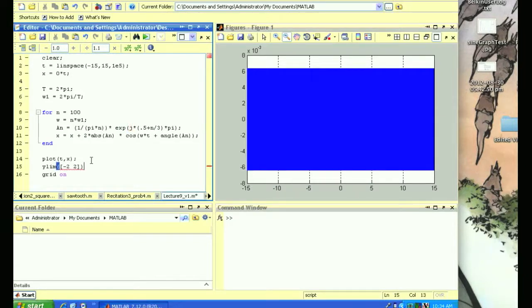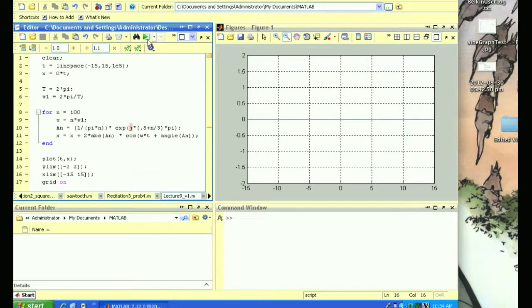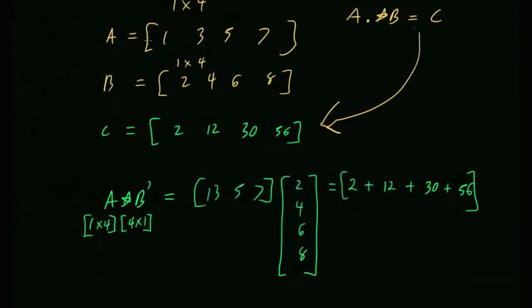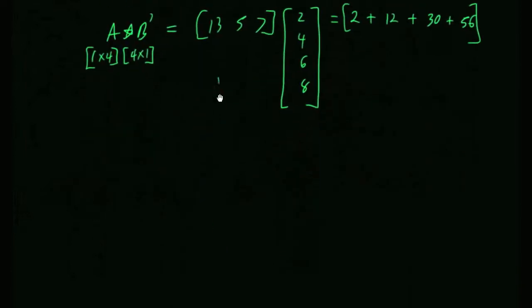What's the slope right here at this rising edge? Yeah, infinity, right? Rise is 1, run is 0, so 1 over 0 is infinity. So if I'm trying to build this out of cosines, what frequency cosine do I need that has a slope of infinity?